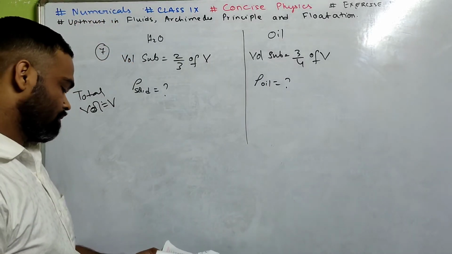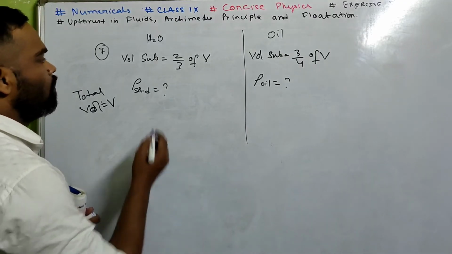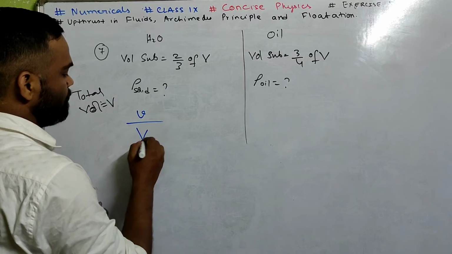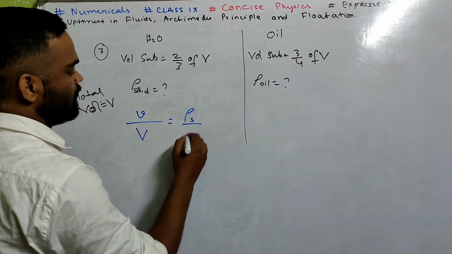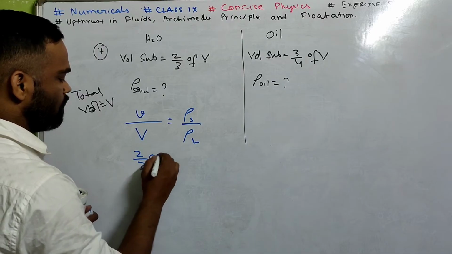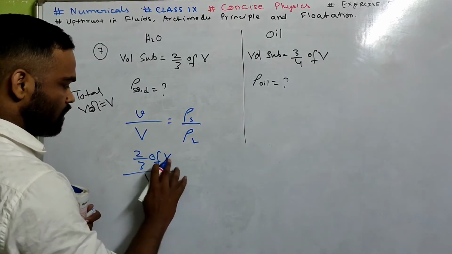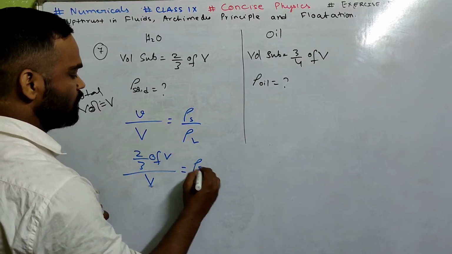Very simple. In the first case, small v by capital V equals density of the solid by density of the liquid. Small v is 2/3 of V, total volume is V. Rho S we don't know.